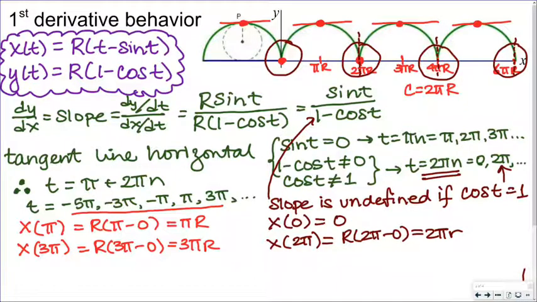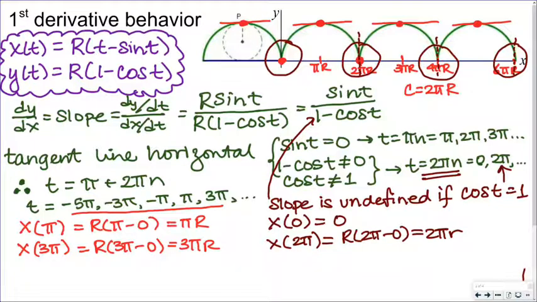How can we confirm whether that's a cusp or a corner? Well, we can go one extra step to confirm that this is a cusp, to actually figure out what the slope is.